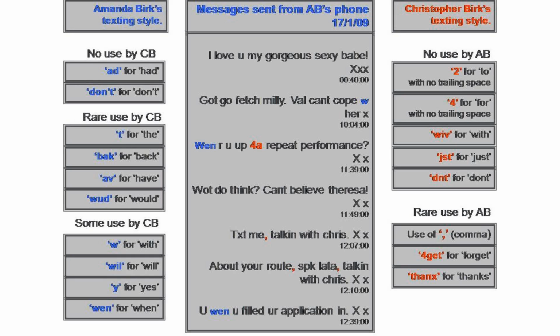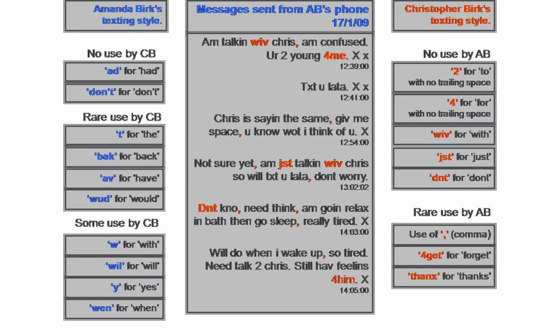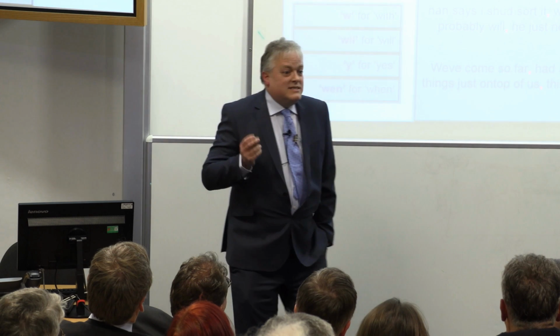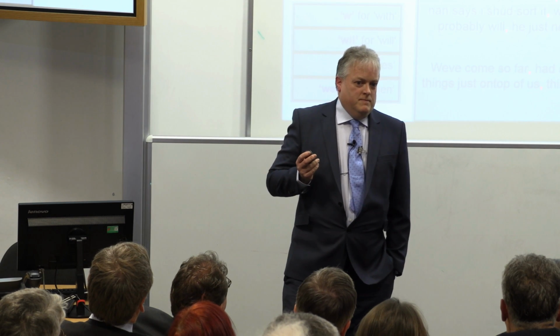On this day, at 11:39, that feature has never been used by Amanda Burks before. And you get down to 12:30 or so, and you're having a mix of Amanda and Christopher Burks' features. This isn't enough to bring in a conviction, okay? But after 12:30 on that day, all the messages from Amanda Burks' phone go into Christopher Burks' style. And that is the evidence you can put before the jury.